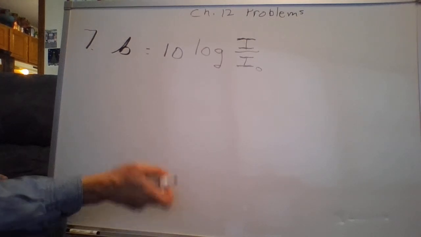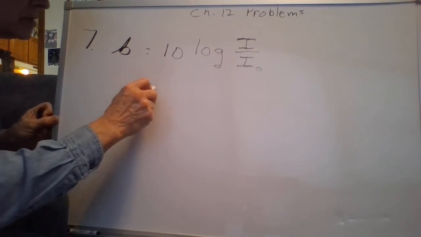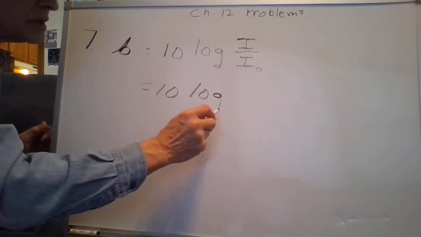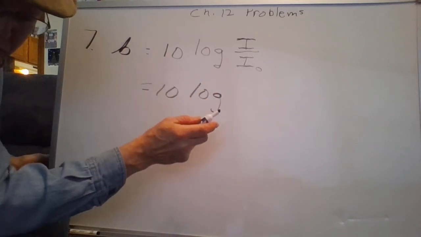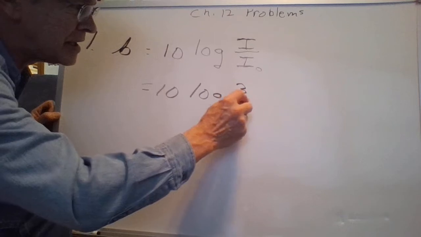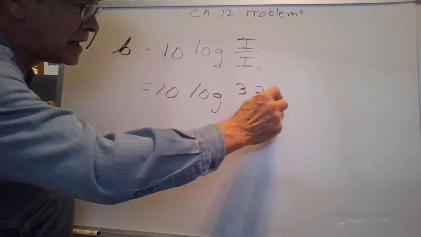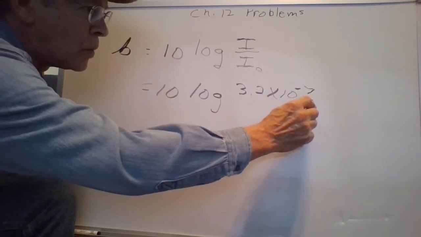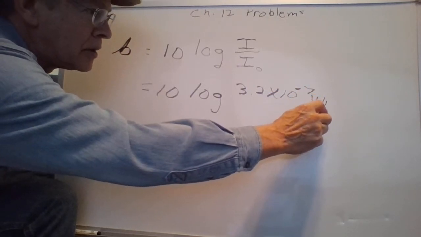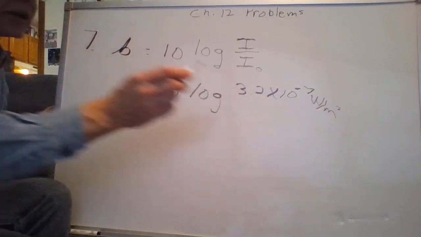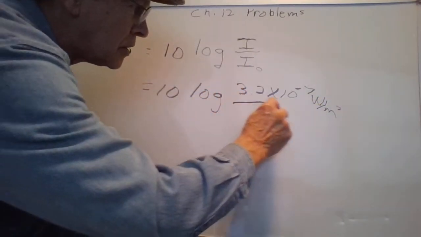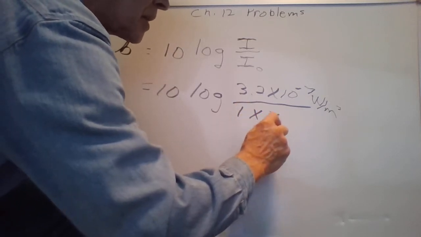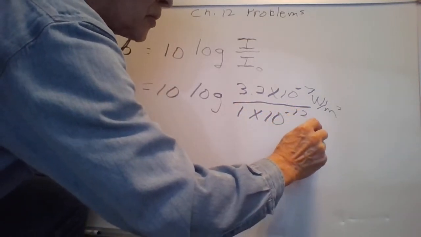All right, let's try it. Well, 10 times the log of a ratio. The ratio being 3.2 times 10 to the minus 7th watts per square meter, compared to the threshold of hearing, which is 1 times 10 to the minus 12th watts per square meter.